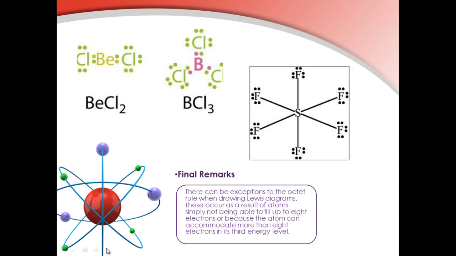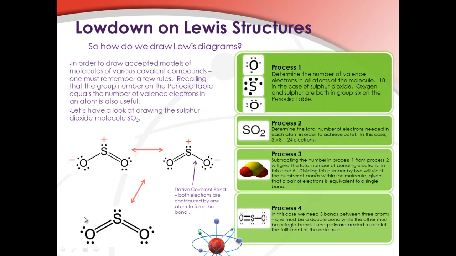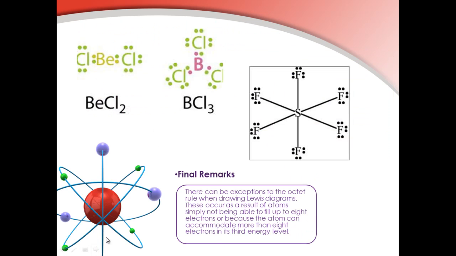Sulfur is like in the previous example here where you have an expanded octet for sulfur. Well, again, there's an even greater expansion of octet here in this sulfur molecule. This central sulfur atom here, this is sulfur hexafluoride. So we can see there's a central sulfur atom surrounded by 6 fluorine atoms.